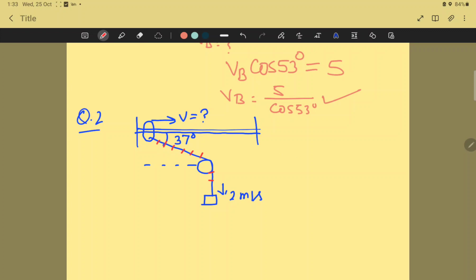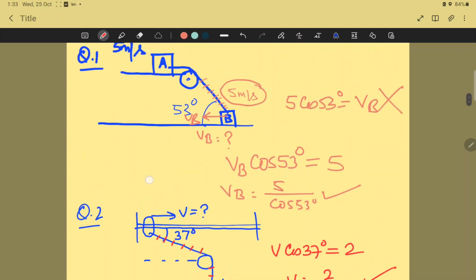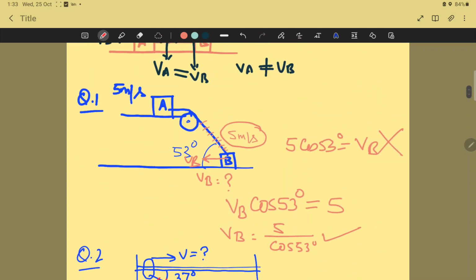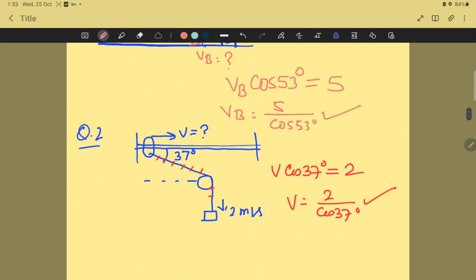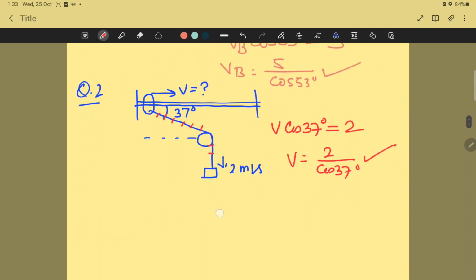So it would be v cos 37 should be equal to 2. So v should be equal to 2 upon cos 37. This is the answer. Kindly don't commit the mistake here. Block along the string direction, once again block along the string direction.